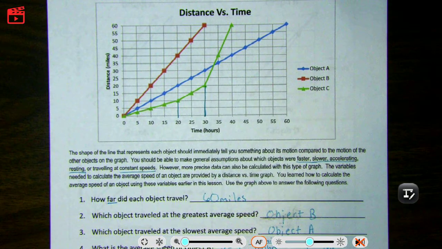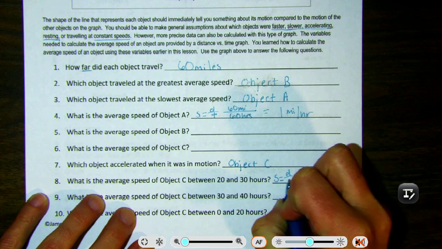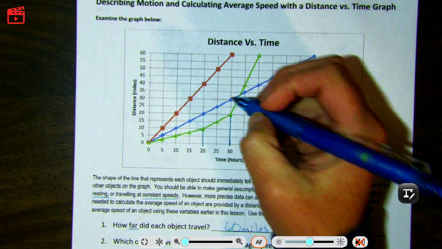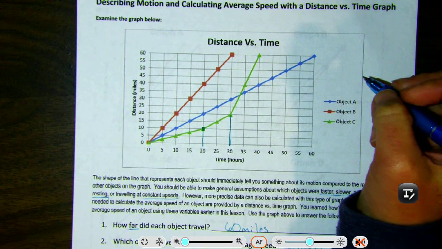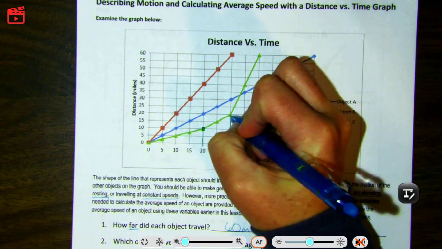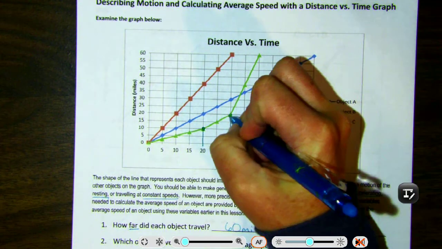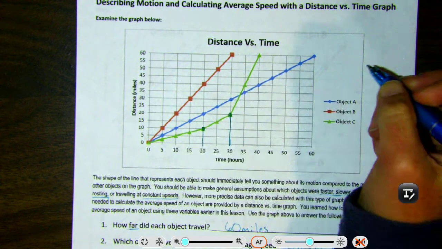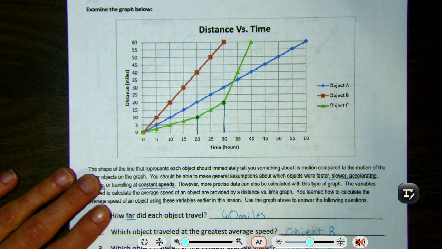So for my distance, first down here I'm going to write S equals D over T because I know that's what I need to do, but I need my distance first, right? So if I look at 20 hours, I was at 10 miles. And then at 30 hours, I was at 20 miles. Okay, so 20 minus 10, altogether, I went 10 miles.